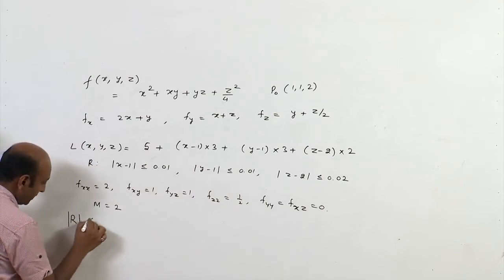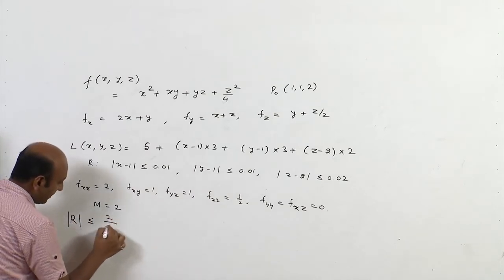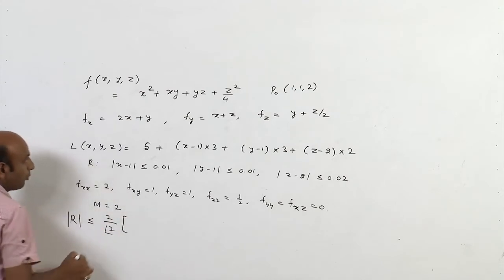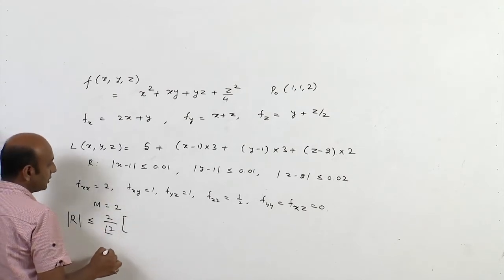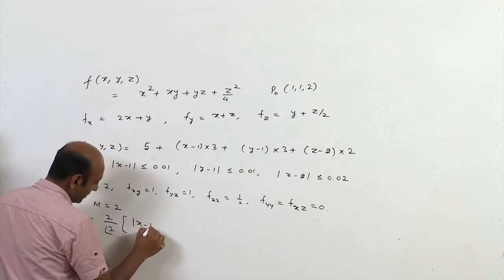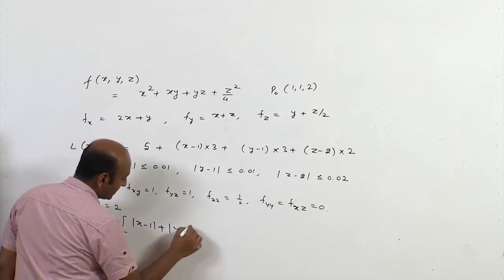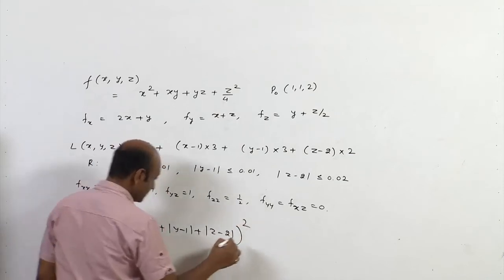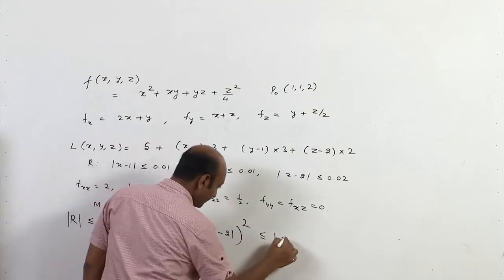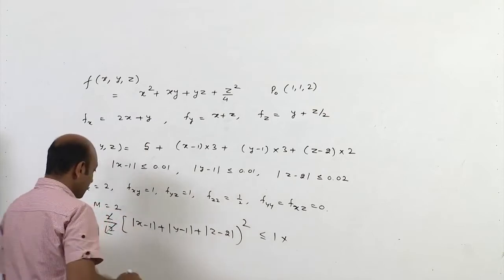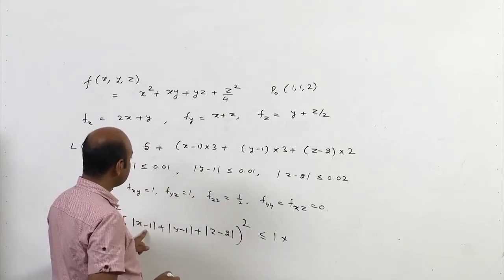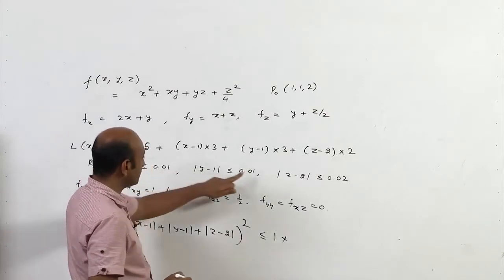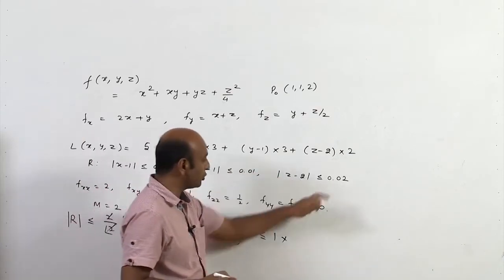Bound of the error will be less than or equal to M by factorial 2 times (mod x minus x naught plus mod y minus 1 plus mod z minus 2) whole square, and this is less than or equal to 1, the 2 cancels out. Mod x minus 1 is less than or equal to 0.01, this is less than or equal to 0.01, and this is less than or equal to 0.02.